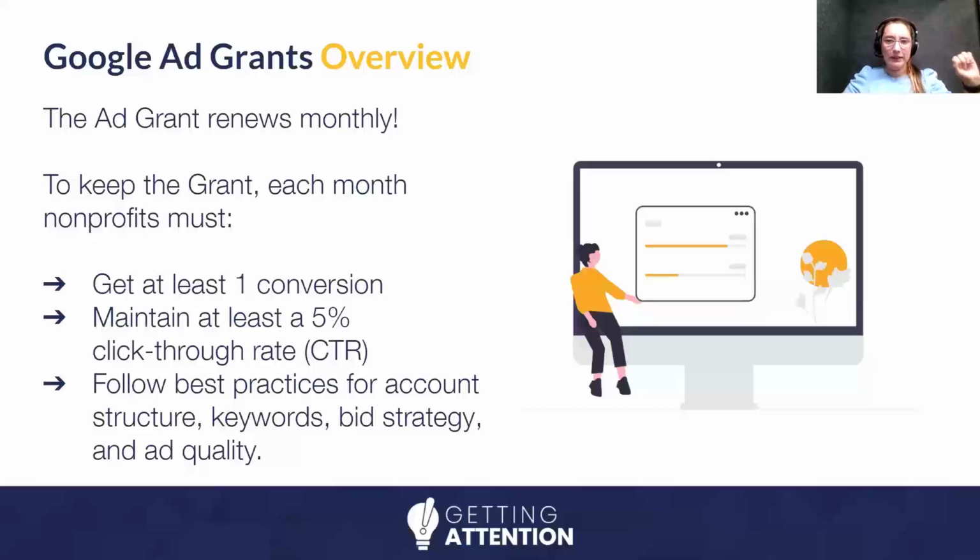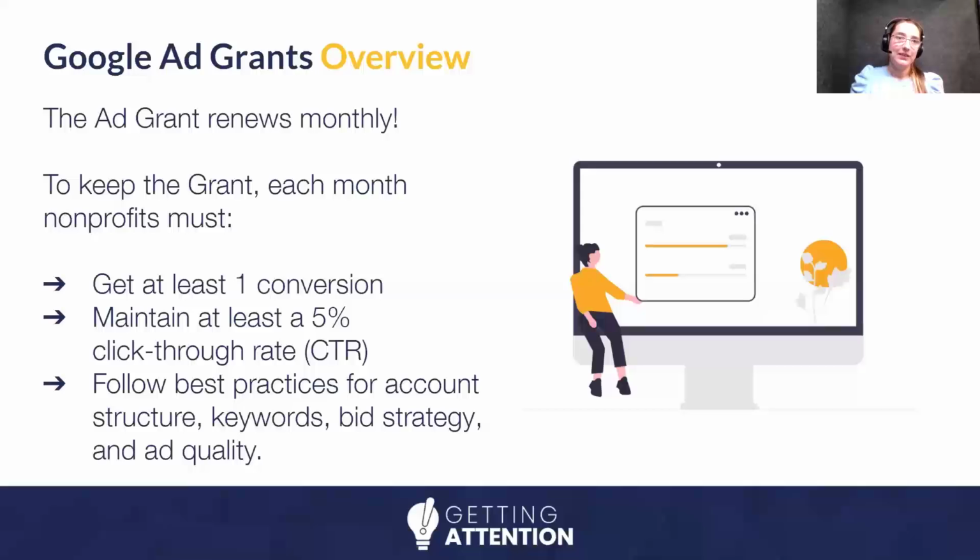Just to peel back the curtain a little bit on what Google's goal with that is. Google, as a company, makes money and is incentivized to show ads that are as relevant as possible. And so that 5% click-through rate for folks who have the ad grant is a requirement so that you are doing the work to make sure that your ads are as strong as possible, that you are running ads on keywords that are going to be relevant to your organization, that you are trying to reach the right audiences, et cetera.